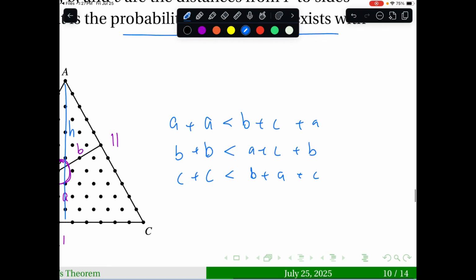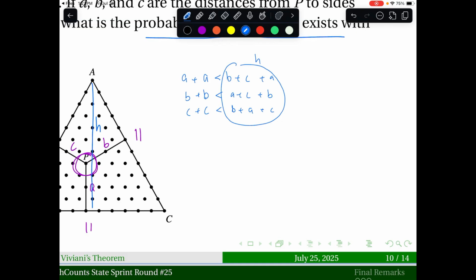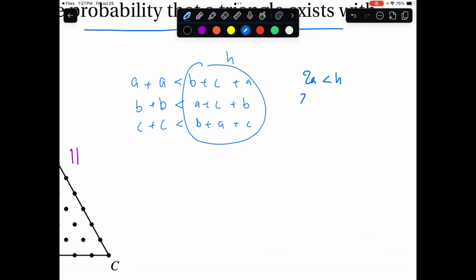These three lengths are all H. So we know that 2A is less than H, 2B is less than H, 2C is less than H.